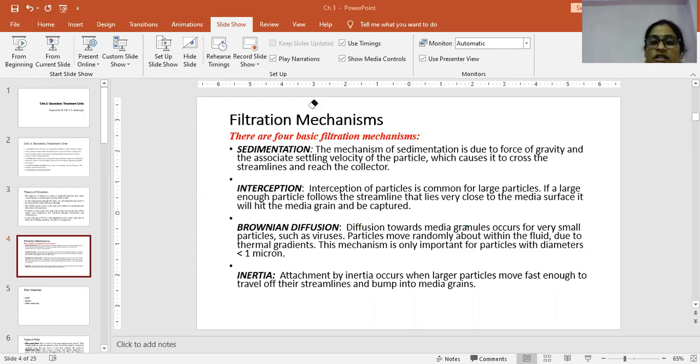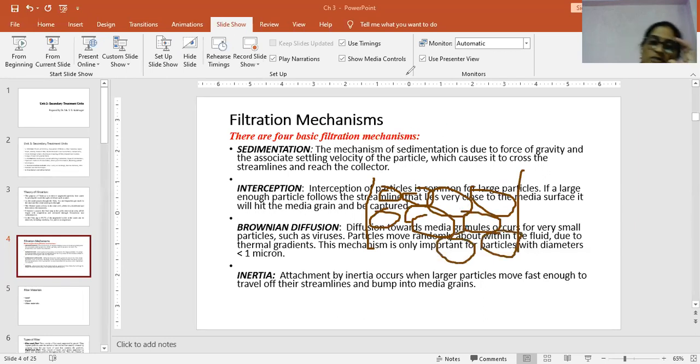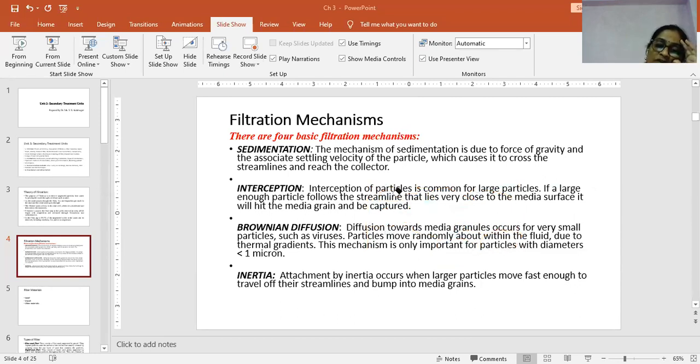When they are moving, they will not be allowed to move freely in this filter, because the filter is filled with a multiple number of sand particles, which will not allow the particles to move freely, and hence the particles will be removed from the water. So these different actions are helping to increase the efficiency of the filter. Those who have not copied, please copy.